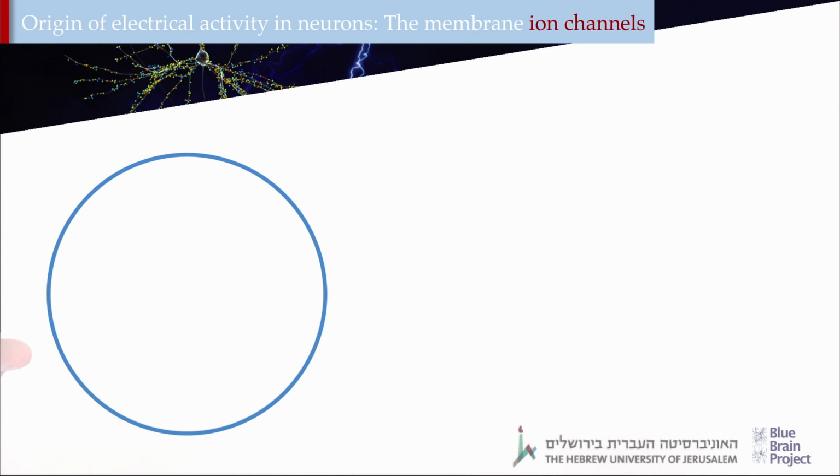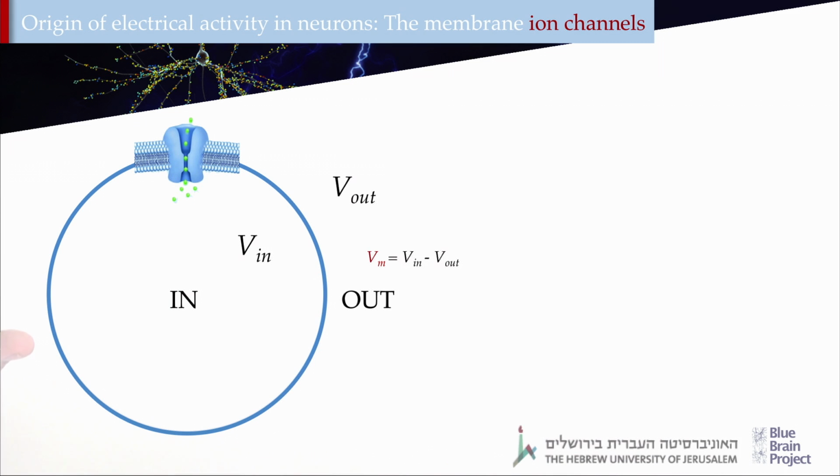In order to understand how one does that, I'm going back to the same description. There is this schematic neuron, this spherical or circular neuron, the inside of the neuron here, the outside of the neuron there. There is a channel or channels that enable sodium, potassium, or chloride to flow from the inside to the outside.